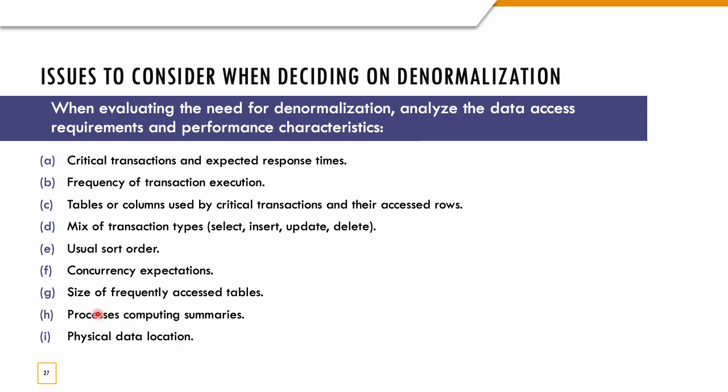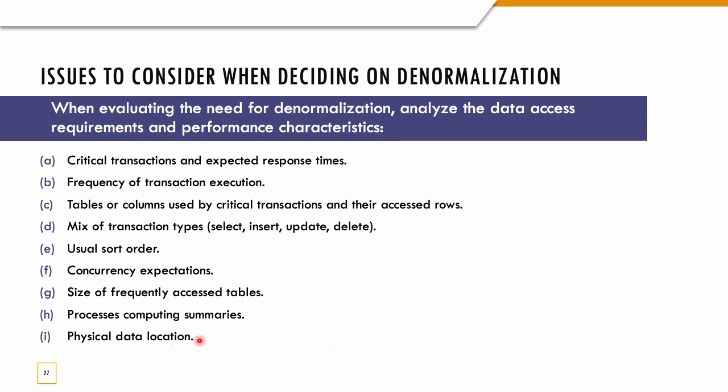The next issue to be considered is processes computing summaries. For processes that involve complex aggregations, storing pre-computed summaries can improve performance by eliminating the need to calculate these at runtime.